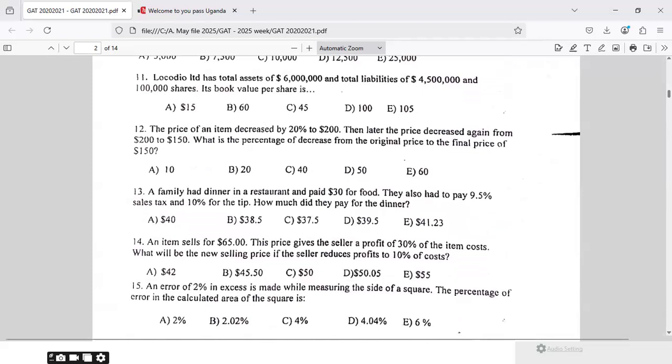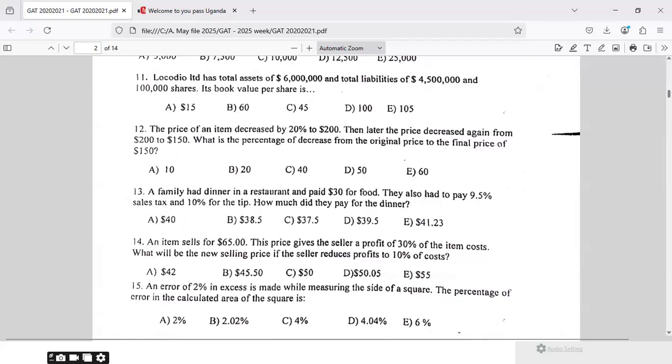What is the percentage of decrease from the original to the final? All right, so let us work that out.